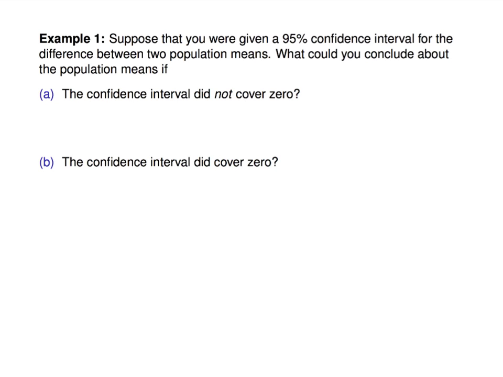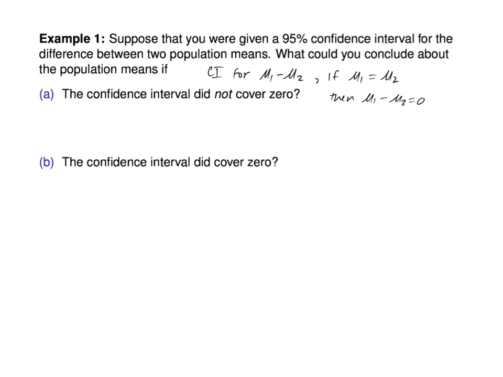Okay. So suppose that somebody found a confidence interval for the difference between two population means. What could you conclude about the population means if the interval did not cover 0? So you found a confidence interval for mu1 minus mu2. Just remember that if mu1 equals mu2, what is true about their difference? It's 0, right?